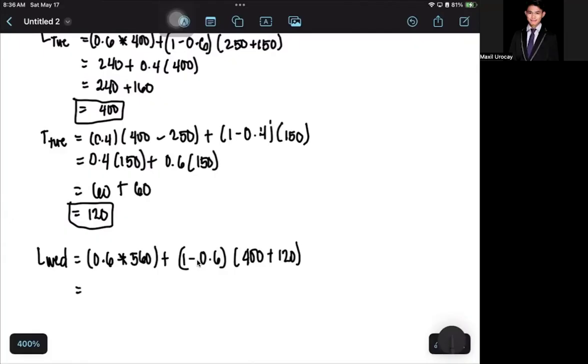So 0.6 times 560, that is 336. Plus 0.4 times 400 plus 120, that is 520. 0.4 times 520 is 208. So calculating 208 plus 336, that will equate to 544. So your level right now is 544.